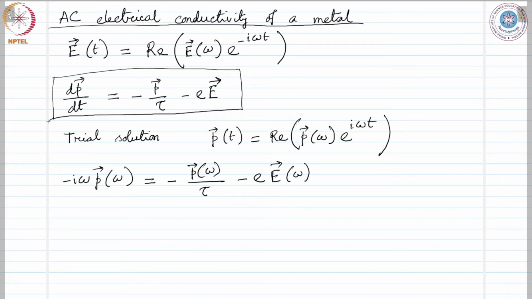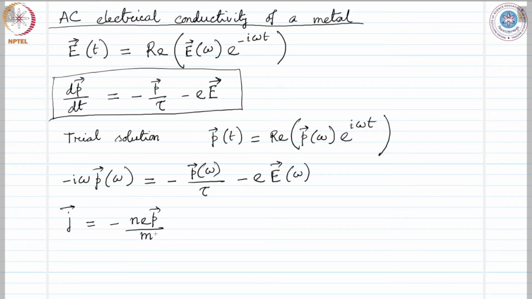Okay. Now, our volume current density j is given as minus n e p over m. This is the current density.